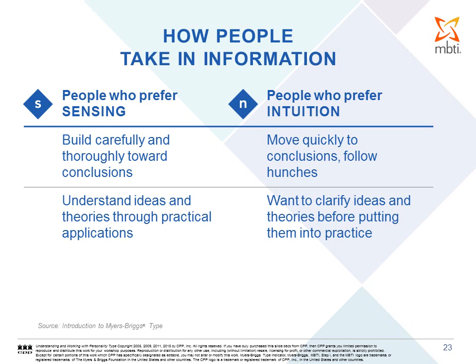Those who prefer sensing build carefully and thoroughly toward conclusions, whereas people who prefer intuition move quickly and follow hunches. Sensing is about understanding ideas and theories by applying them, so practical application, whereas people who prefer intuition want to clarify ideas and theories before they put them into practice.